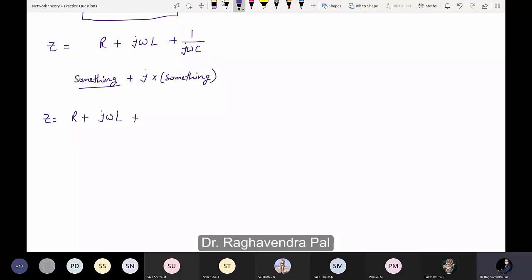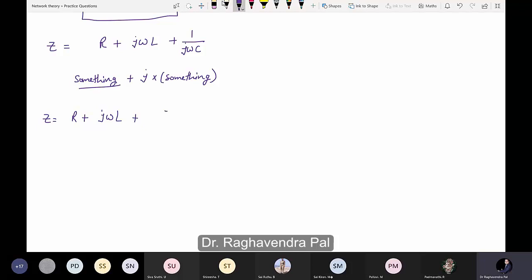For simplicity, you always do the multiplication. What multiplication? Of j. If any one term has j in the denominator, you have to multiply j in the denominator as well as numerator. Okay, so the objective is that there should be no j in the denominator.